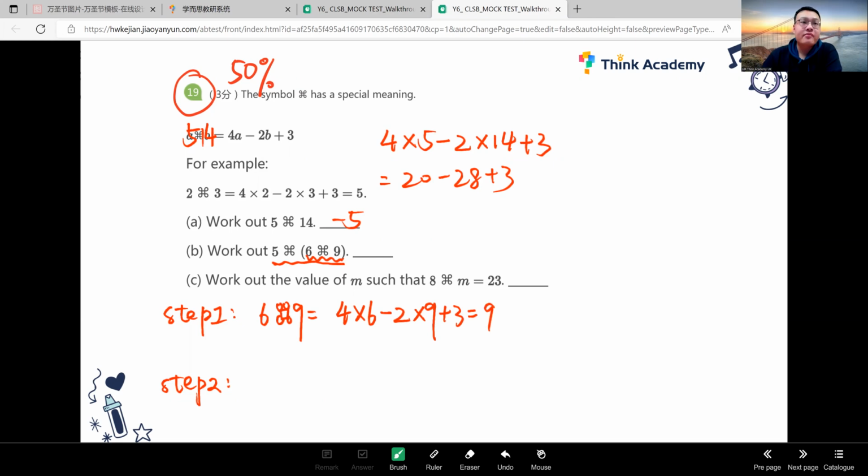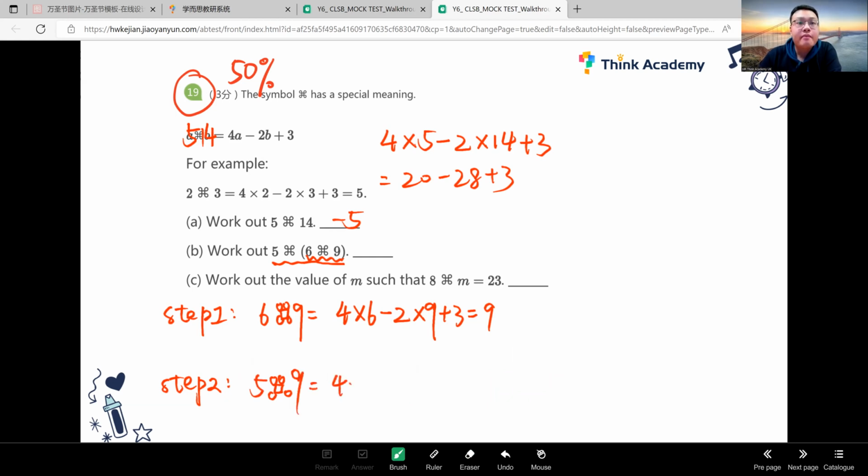And then for the second step, you do 5 times 4. It's 5, it's not 6. Oh, sorry. It's going to be 5 symbol 9, okay?